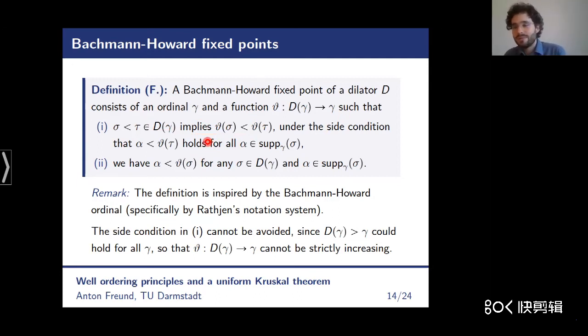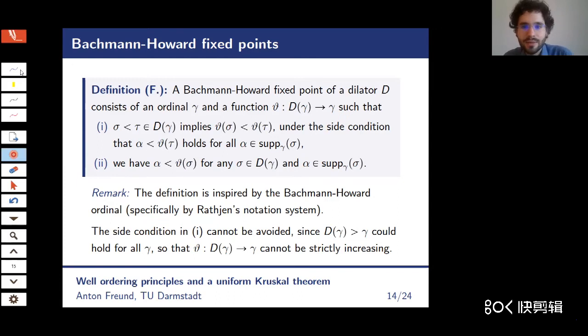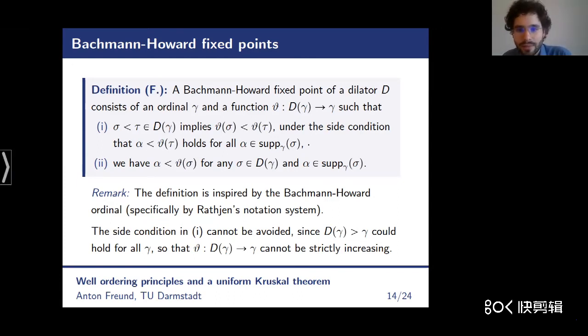But the point is that it turns out we cannot demand this all the time. So we demand it under a side condition. And the side condition is that we consider the support of the smaller element. And once again, the support is a subset of gamma.